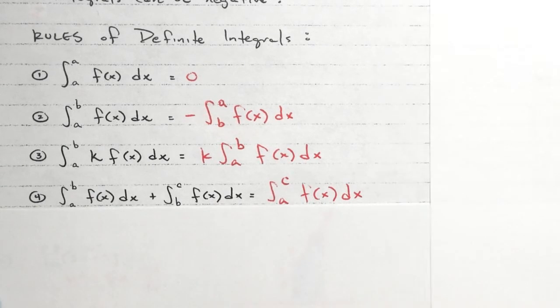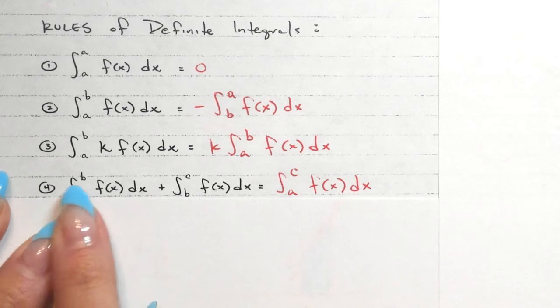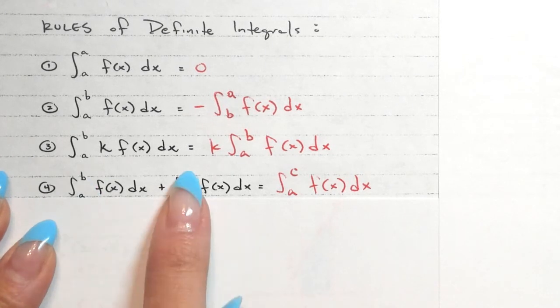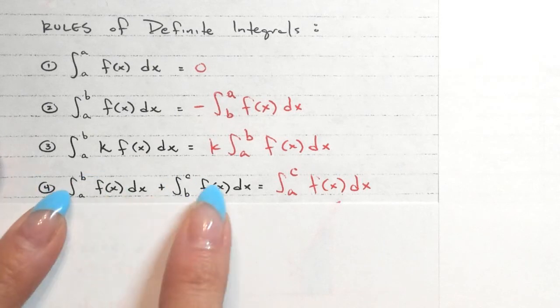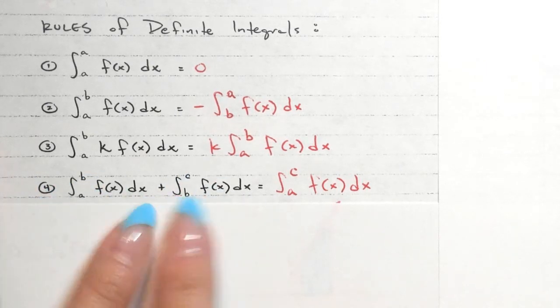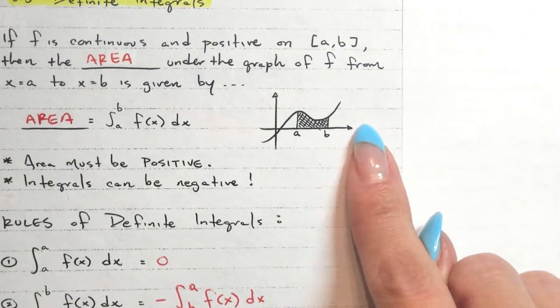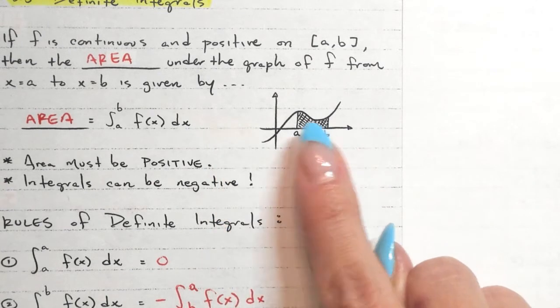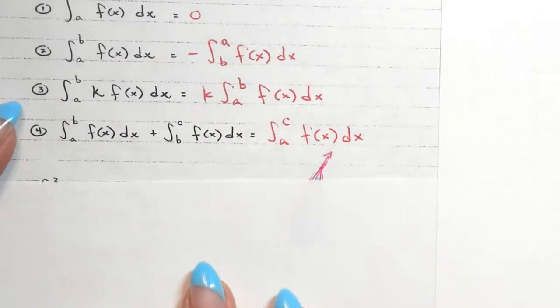And then the other one is, if we know for sure that B is between A and C, then from A to B and then B to C, if we add those areas together, it's the same as if we go from A to C. So C would have to be over here. C can't be over here, right? B would have to be between A and C. So that is another rule. Is there more? No, I think that's it.